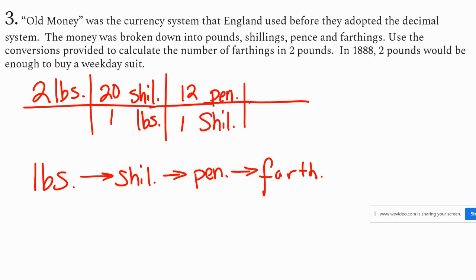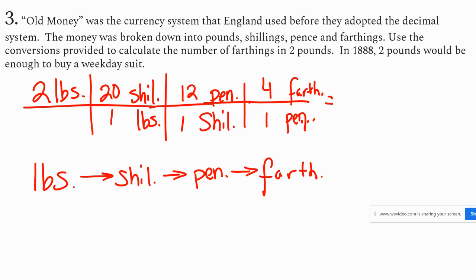All right. Then I'm getting rid of pence. So top or bottom? Oh, bottom. Yep, opposite side. And I'm going to take my pence into farthings. And I fill in that. This is 4 and 1.